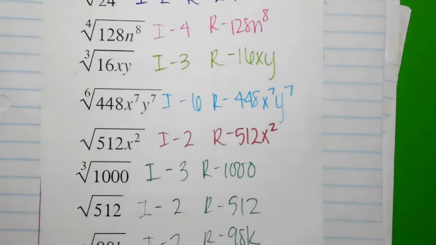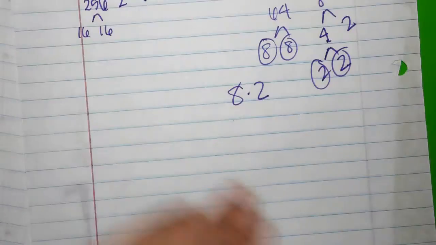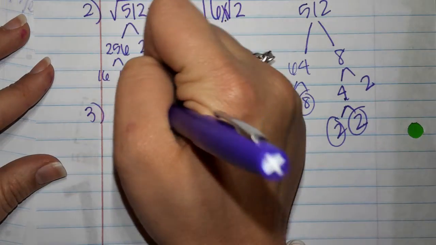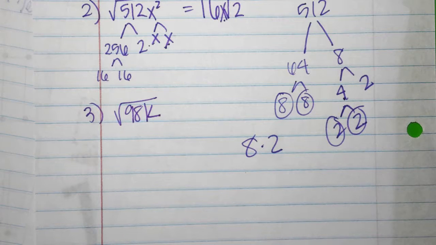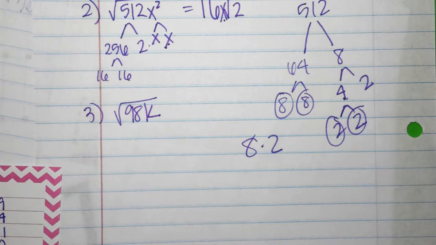Simplifying radicals. All right, we are just going to do the square root of 98k. We're going to call this number 3. We need the biggest perfect square that goes into 98.